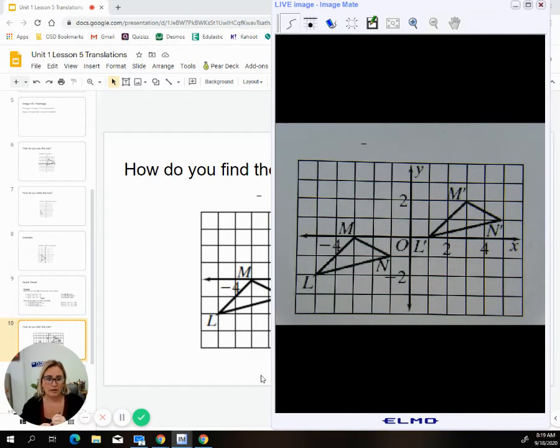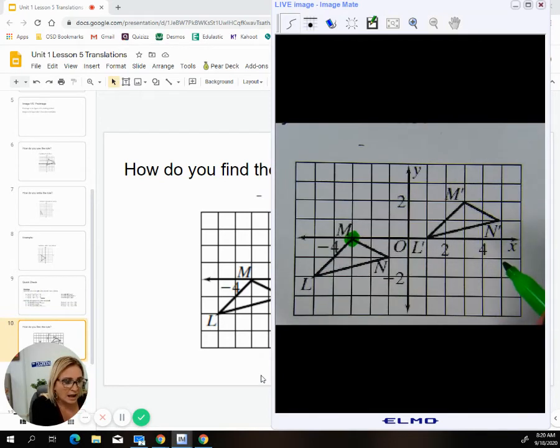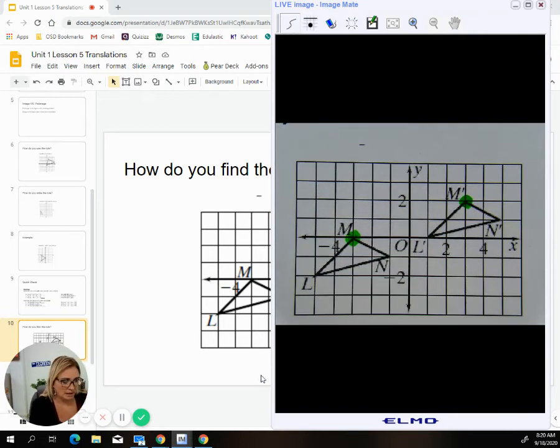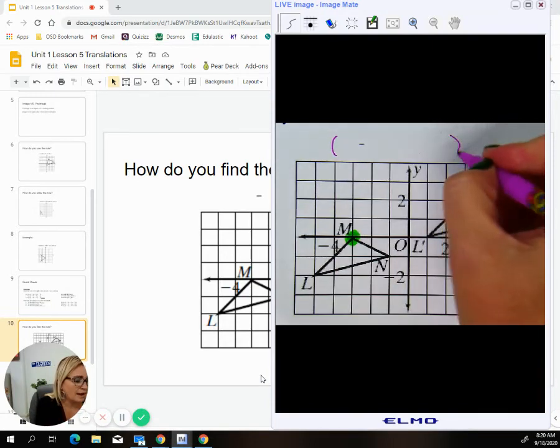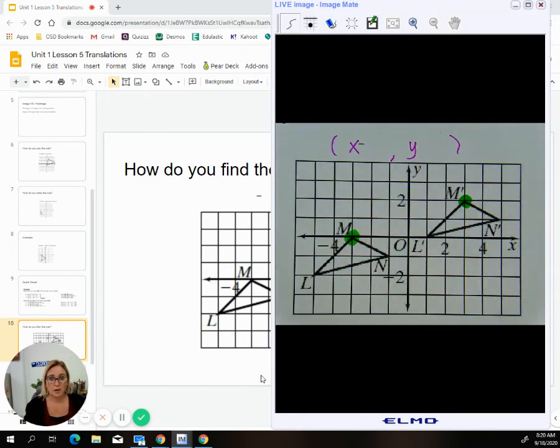So I am going to focus on M. Okay, so if I look here at M, there's M. I need to figure out how it's going to get over here to this one. Okay, so obviously it's going to do some sort of an X movement and a Y movement, and we need to figure that part out.